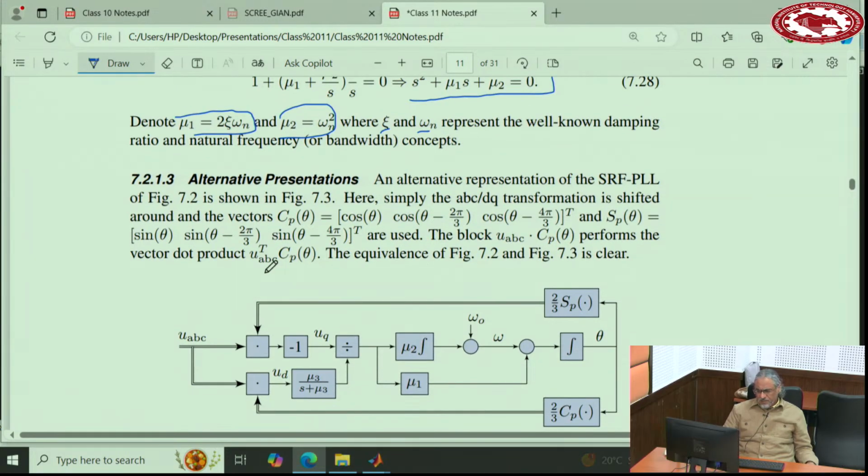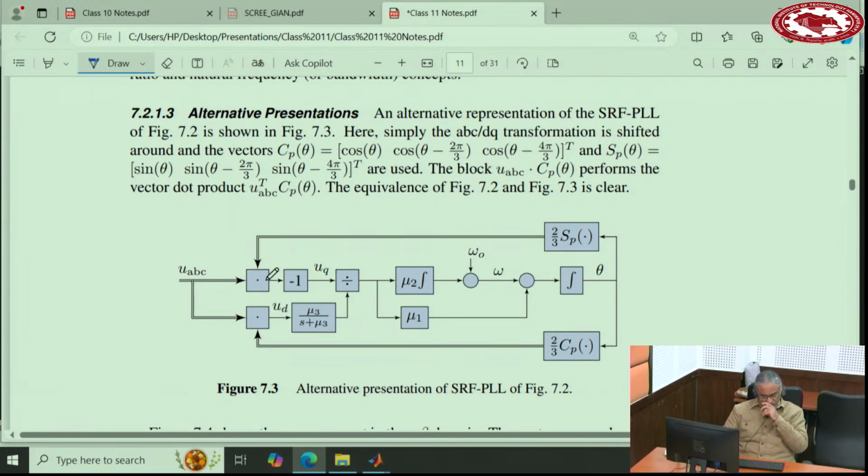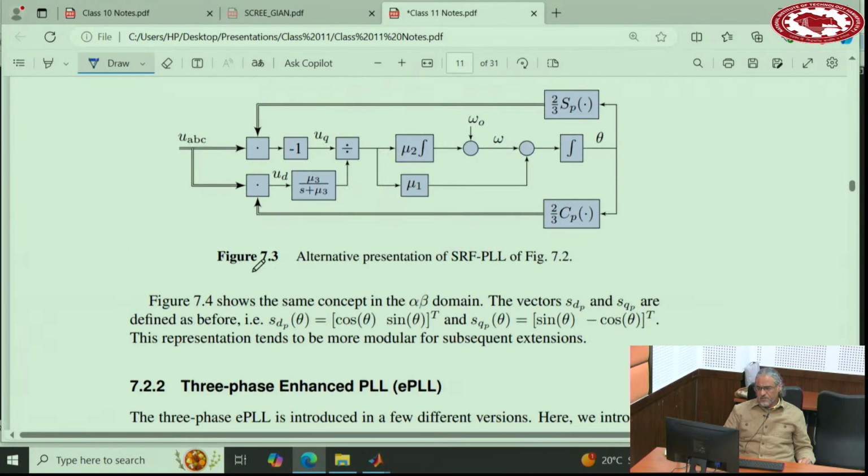An alternative presentation of the PLL that I just mentioned is this one. This is the same PLL, but with different notations. Basically, it uses CP and SP. CP is a cosine function, a vector cosine function, as we discussed. And SP is a vector sine function. And then you calculate these vectors and then do a dot product.